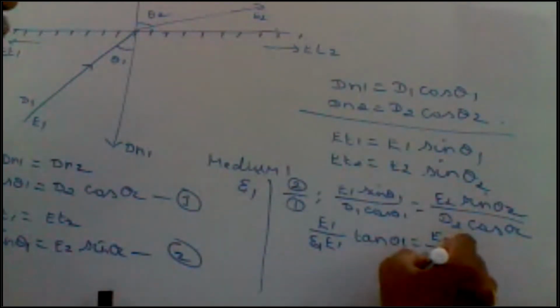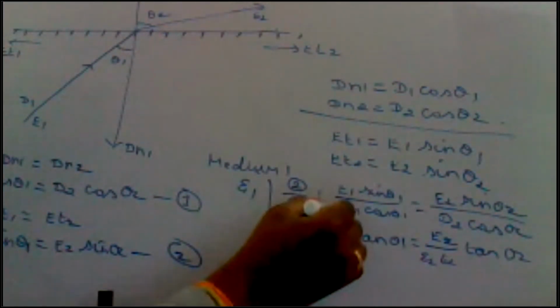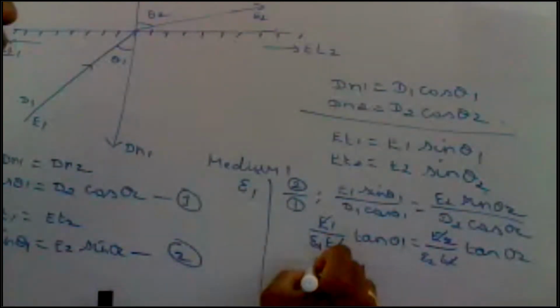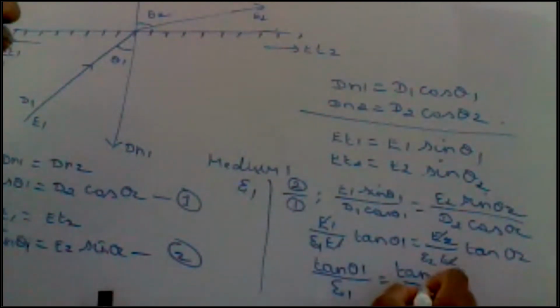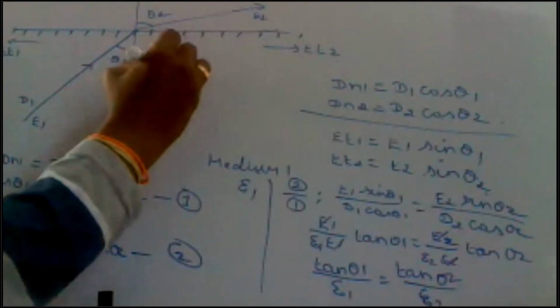Also we know d and e can be written as என்னங்க? epsilon into e னு போடலாமா? அப்ப இது வந்து என்ன ஆகும்? d1 will become epsilon1 e1, tan theta1 equal to, in the same way here, e2 by epsilon2 e2 tan theta2. இப்போ இந்த e1 e1 கேன்சல் ஆகும், e2 e2 கேன்சல் ஆகும். பாக்கி என்ன இருக்குது? tan theta1 by epsilon1 equal to tan theta2 by epsilon2. இதை எப்படி எழுதலாம் அப்படின்னு கேட்டீங்கன்னா, I am writing it here, the final answer.